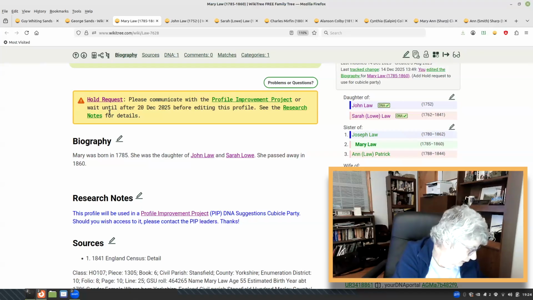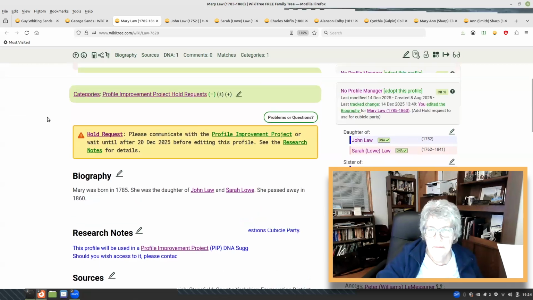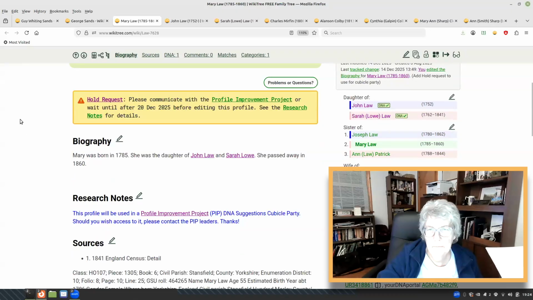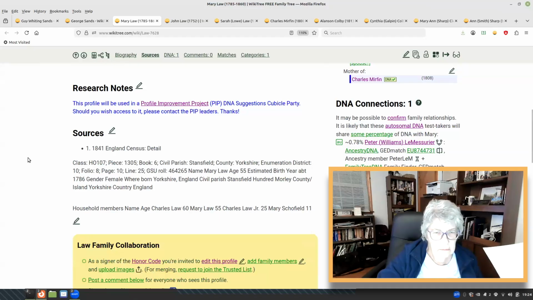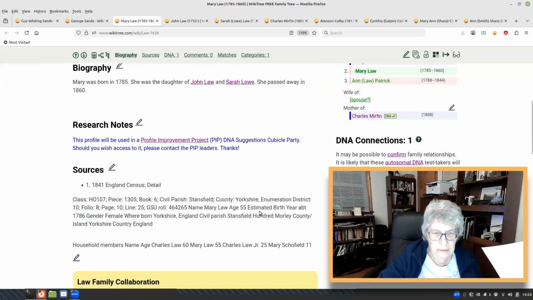Let's see, Mary. We have Mary, and both of her parents are marked as confirmed with DNA. And it looks like she's got a census record for a Mary Law, age 55.